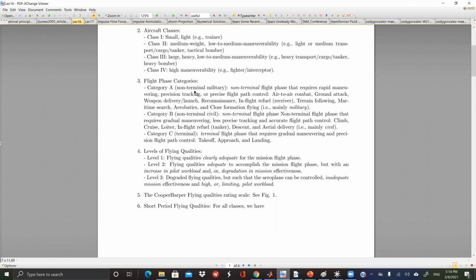So this is Cat A, something military. Cat B is also non-terminal, not takeoff and landing, but now we're doing something that doesn't need maneuverability. It's just cruise, climb, and so on. Cat C is something near the airport, near the terminal. So this is a takeoff and landing kind of thing. These are the three flight phase categories.